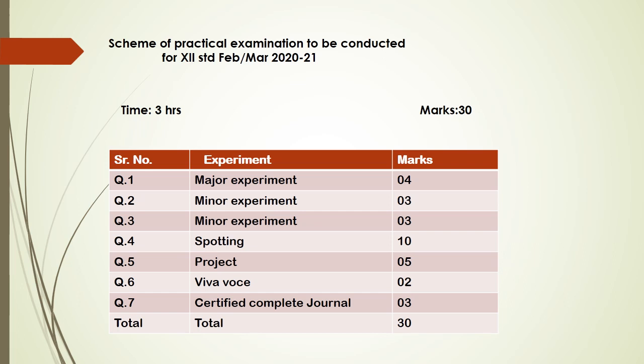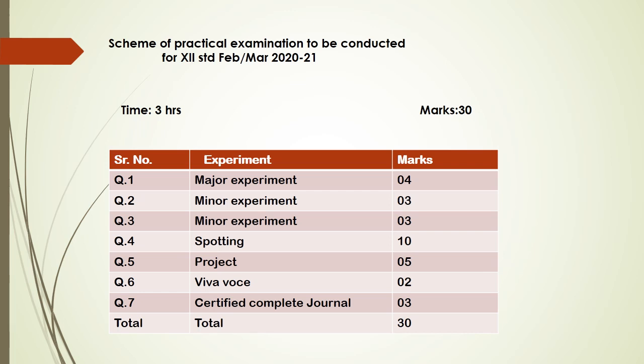Then comes the project, which is a part of your journal itself, for 5 marks. If your project is not cut and paste, if it is not copied, and if it is a good one, you should get those 4 or 5 marks definitely. Then Viva Voce for 2 marks and a certified complete journal for 3 marks.